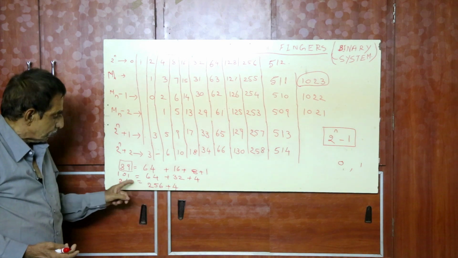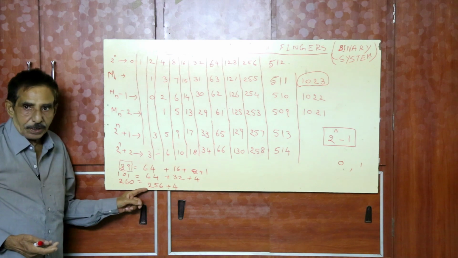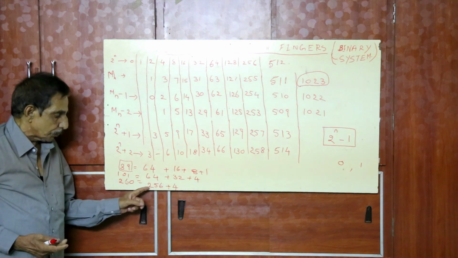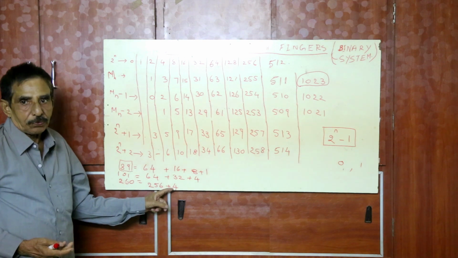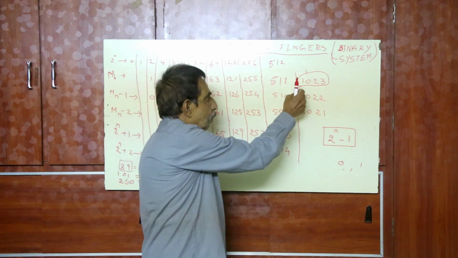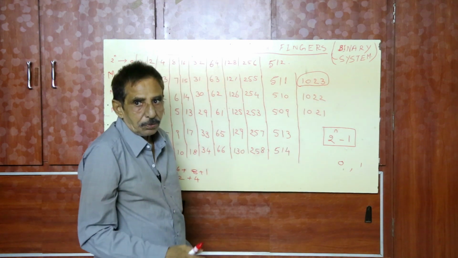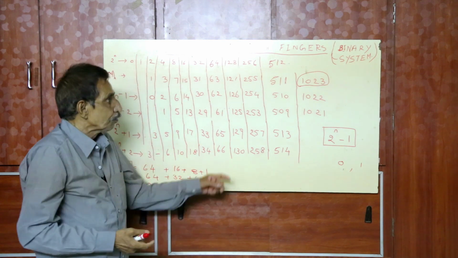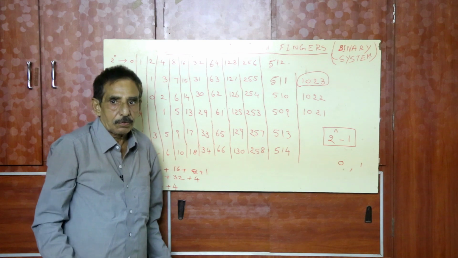To represent 260, you open the two fingers, one which represents 256 and the other which represents 4. Like that, any number up to 1023 you can represent using the fingers using binary system.